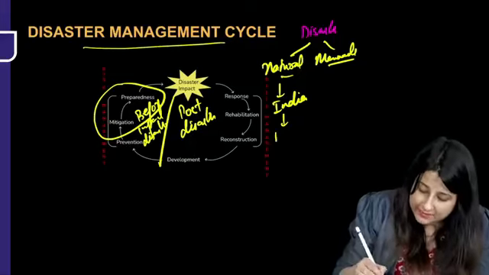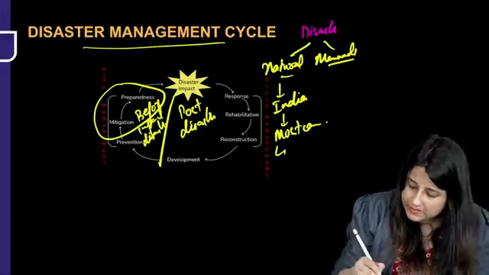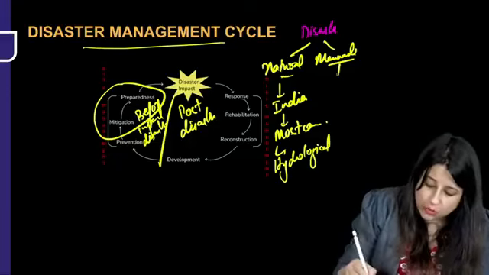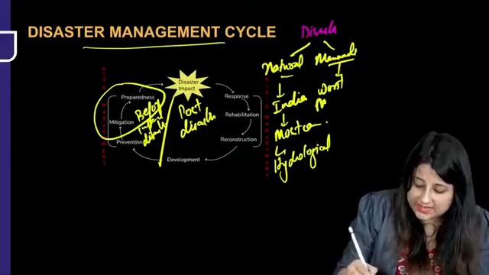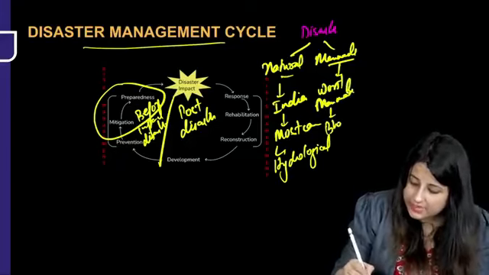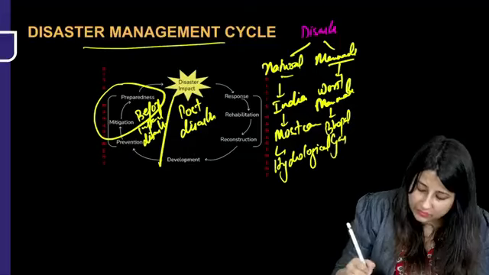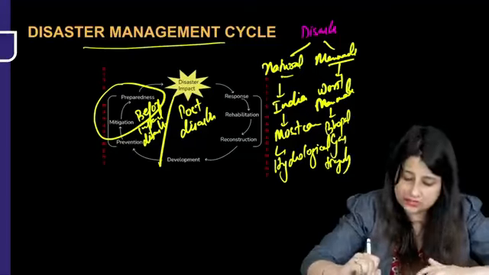In India, the most common natural disaster reported is hydrological disaster. And what is the worst man-made disaster so far? The worst man-made disaster so far is the Bhopal gas tragedy. Please remember this.